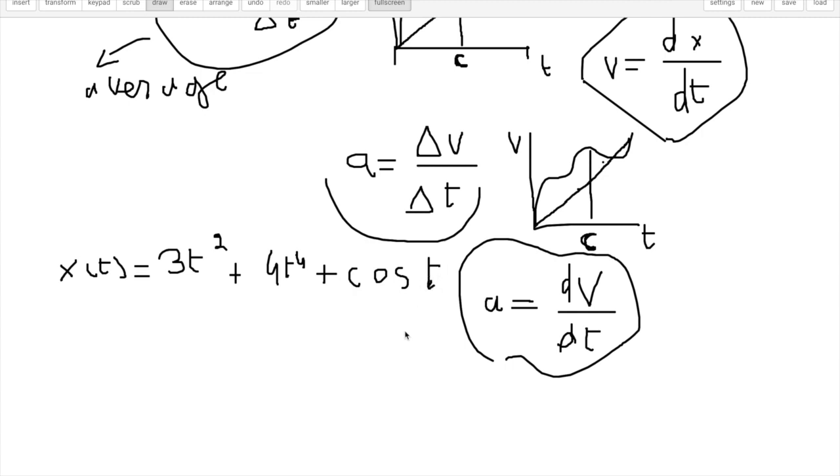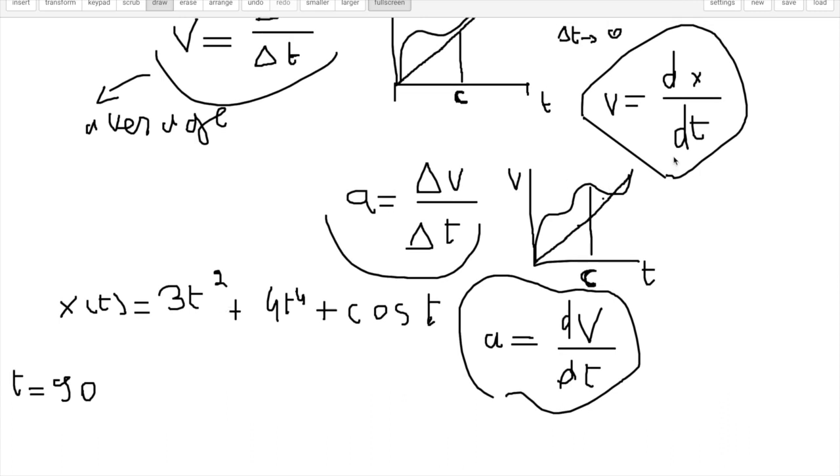In this case, what would be the instantaneous velocity of the particle at, let's say, t equals 90 seconds? In order to do that, we define velocity as the derivative of position with respect to time. So we would simply take the derivative of this expression.